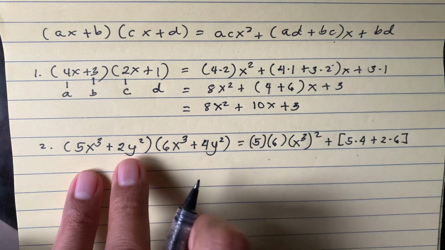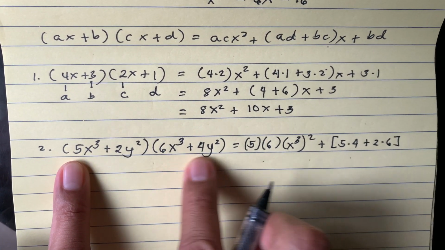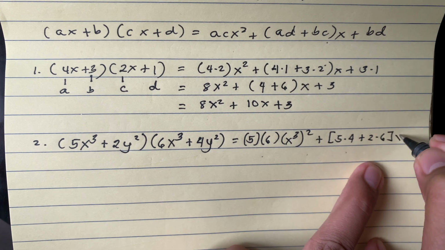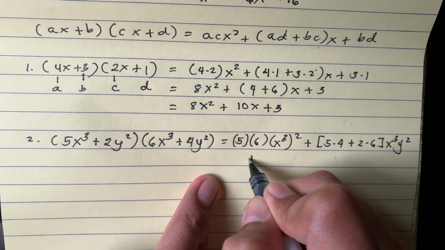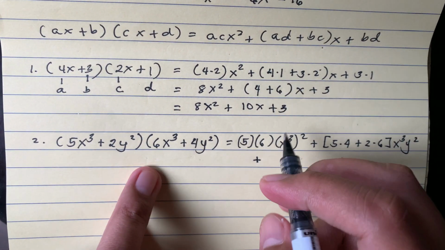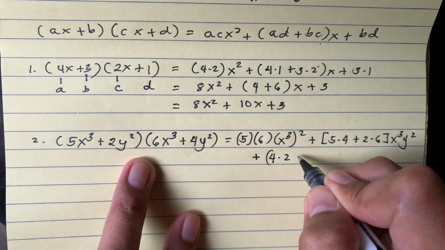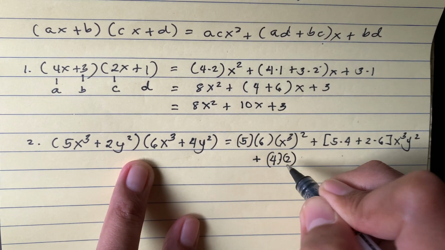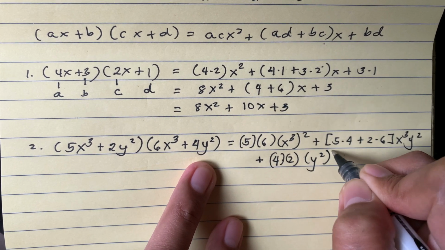Then you need to copy your common terms. So your common terms, we have x cubed and your y squared. So you have to put it here. X cubed, y squared. Then plus, here, your 4 times 2. Then we have the square of your y squared.